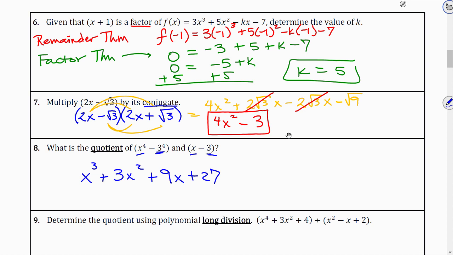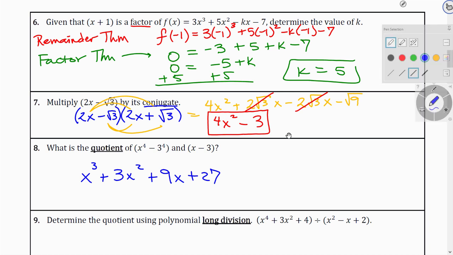Now, if you're one of my students, you're like, what in the world is that? Or you had forgotten that pattern. You can always derive it by just dividing. That's what I'm going to do right now. I'm going to use synthetic division, dividing by x plus or minus some number.